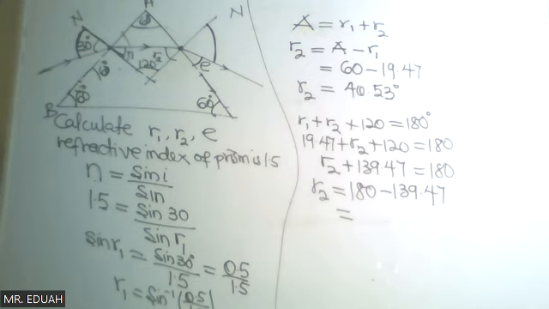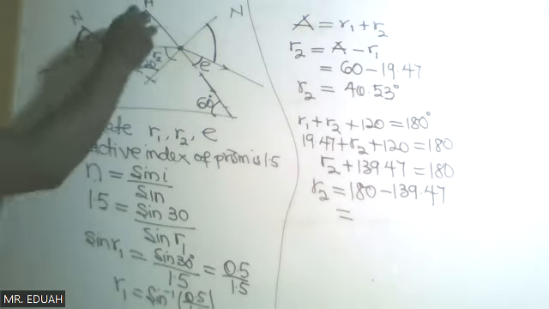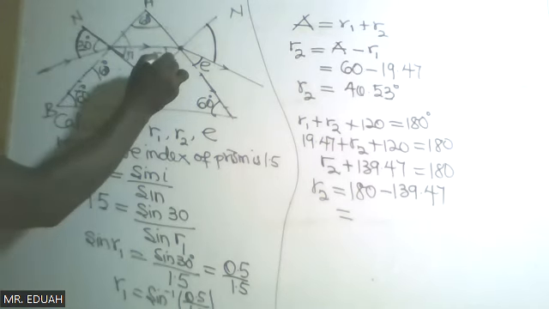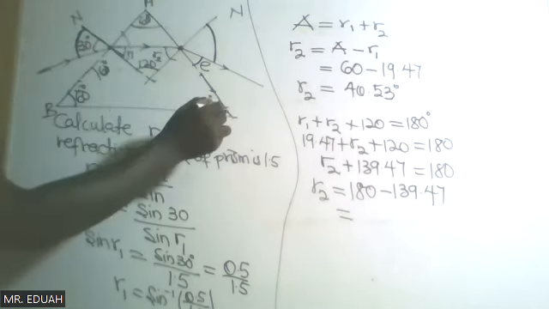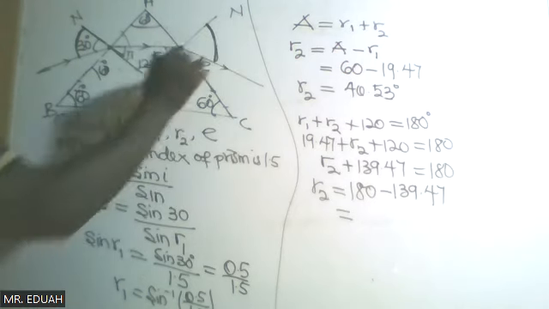Angle of what? This is the angle of incidence. You've forgotten. This is the angle of incidence. This is the angle of refraction with respect to AB. This is the second angle of refraction with respect to AC. And so what will be the name of this angle?